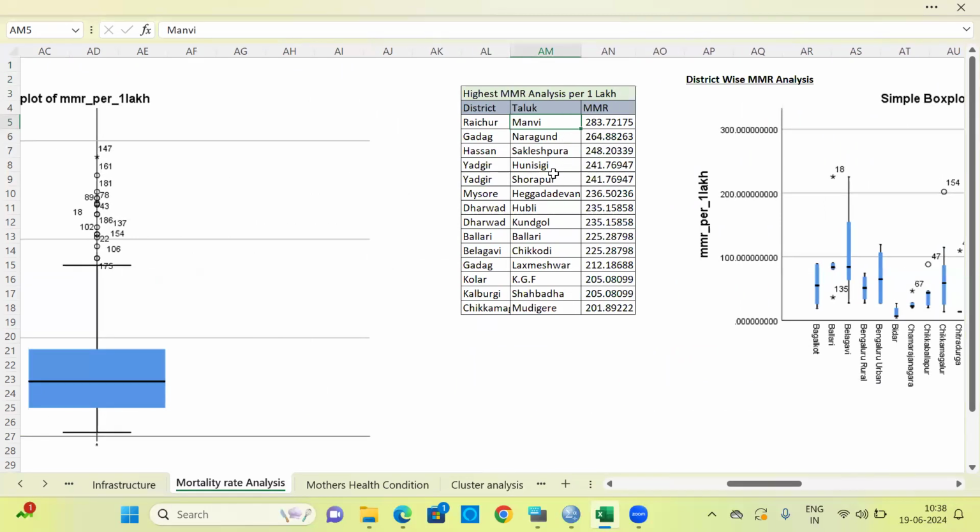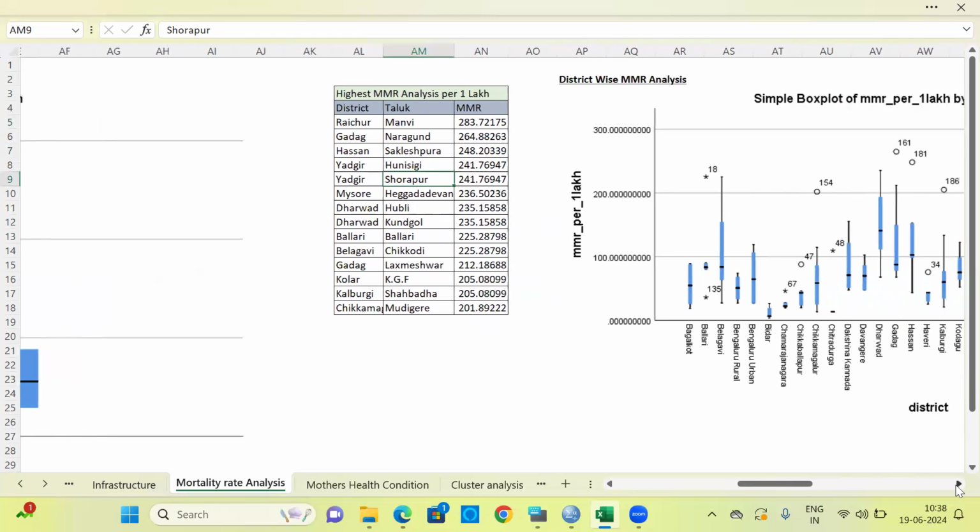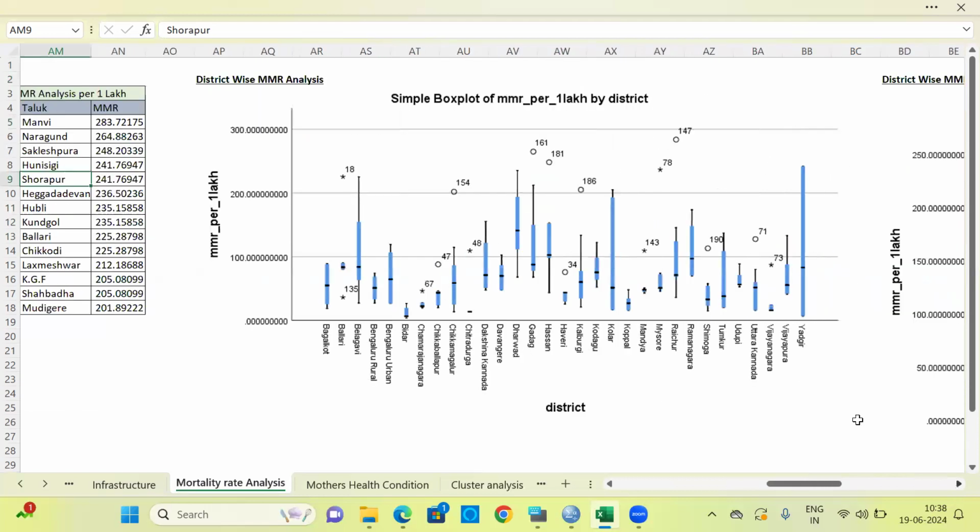Similarly, you can see Sakleshpur and other places like Shorapur, which have a high MMR. If you want to check the district-wise distribution of MMR, this box plot would definitely help you. What I've done here is take the different districts of Karnataka in the x-axis and MMR per 1 lakh along the y-axis.